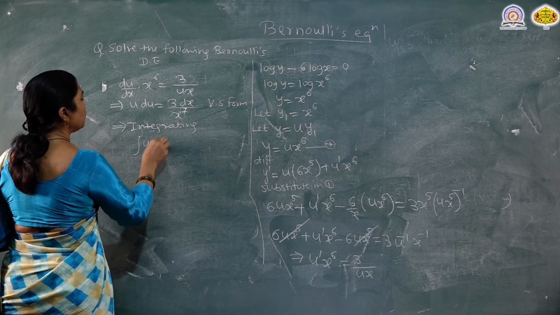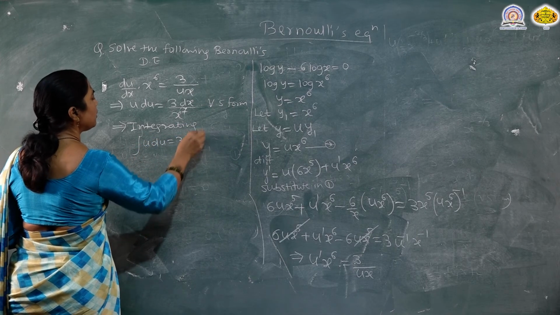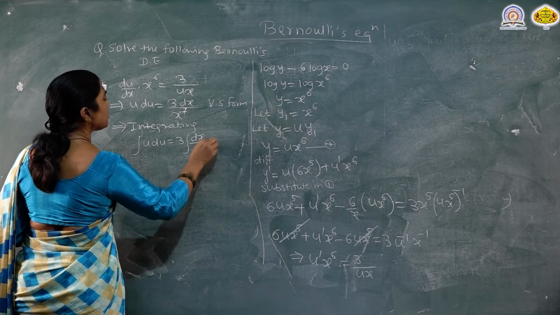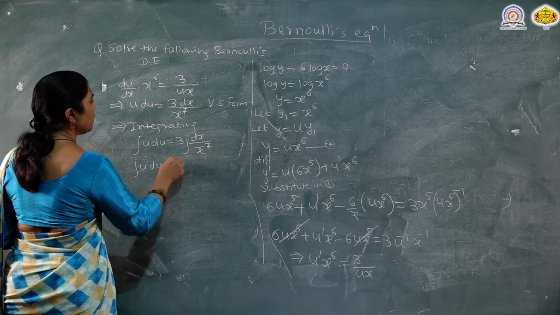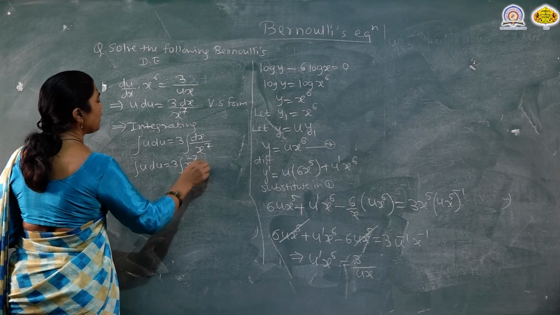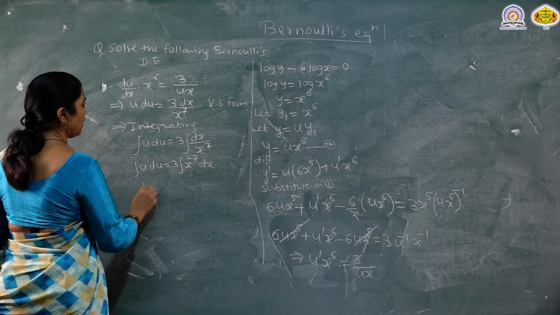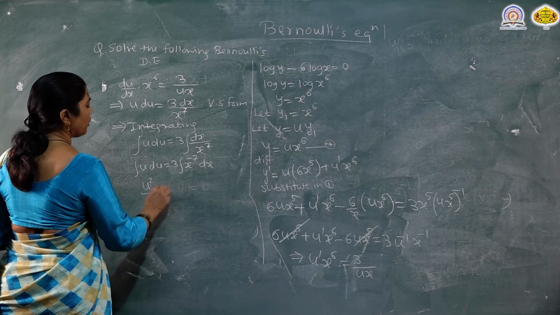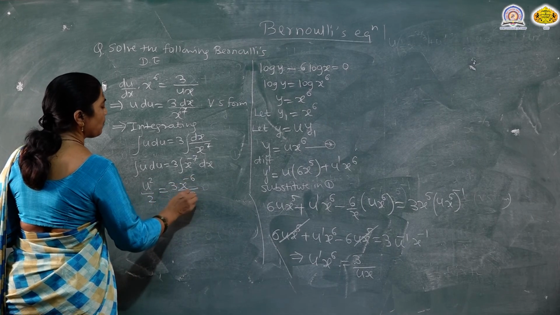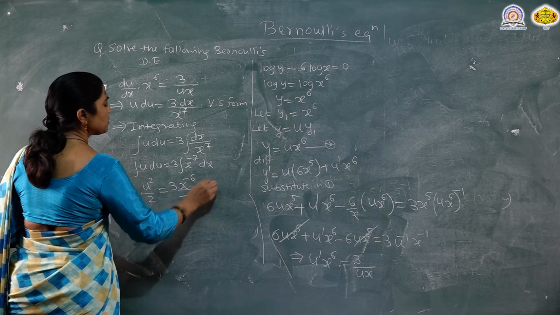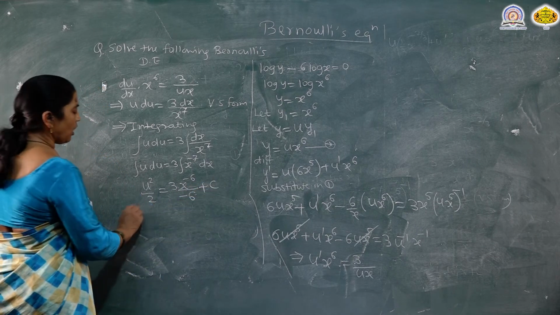Integral u du is equal to 3 integral dx upon x raised to 7, or integral u du is equal to 3 integral x raised to minus 7 dx, that is nothing but u square by 2 is equal to 3 x raised to minus 6 upon minus 6 plus constant of integration.